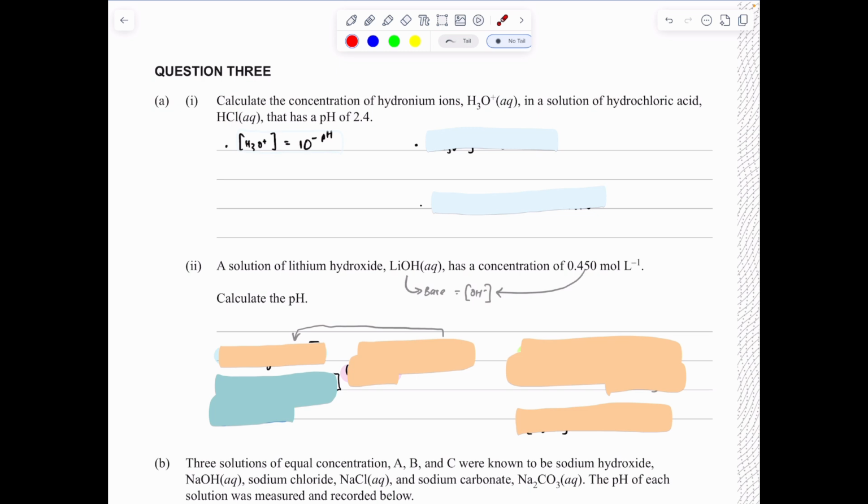All you have to do is plug in what we have, which is the pH, substitute that in, plug this into your calculator, and you should get this value. And remember, 3 significant figures.